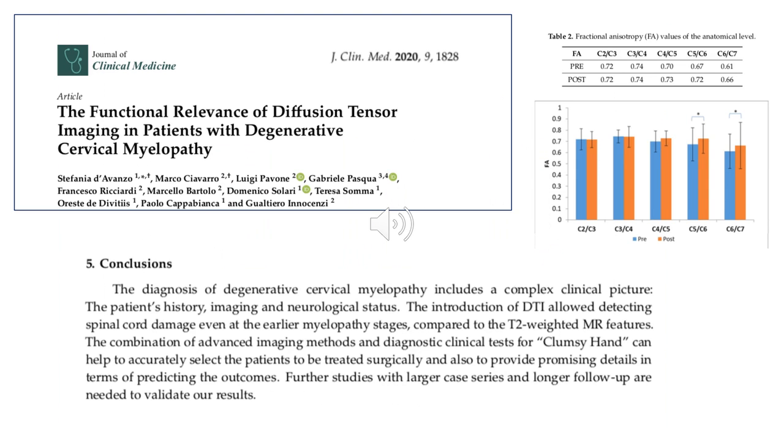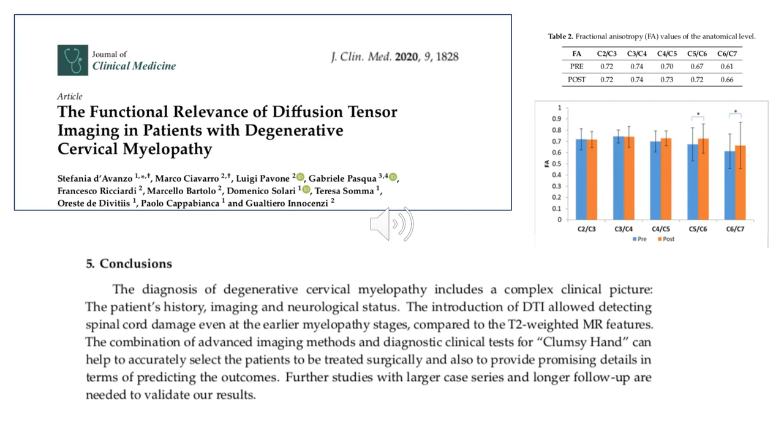This is our last paper on this issue, published a few months ago, and our conclusion, you may read here, is that when we talk about cervical myelopathy, we talk about a really highly complex clinical situation.